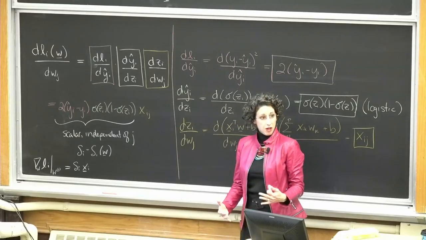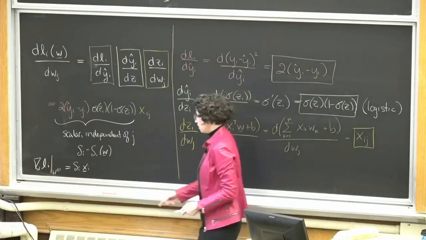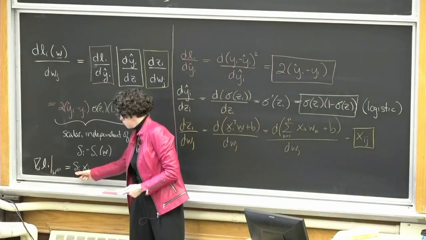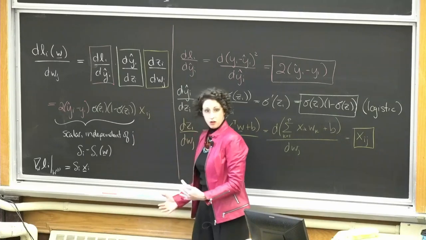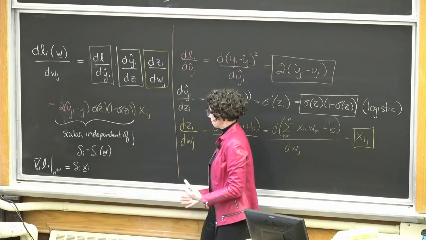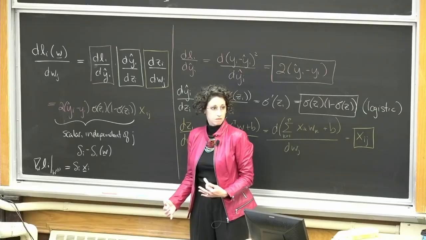So the gradient of my loss with respect to the weight w is simply this scalar delta i times my feature vector xi. So very straightforward to compute. Any questions so far?